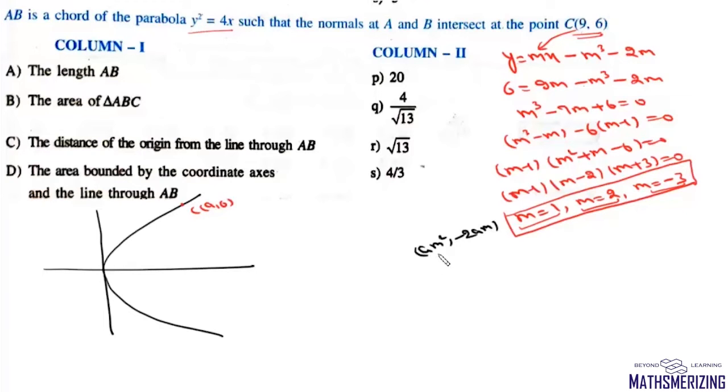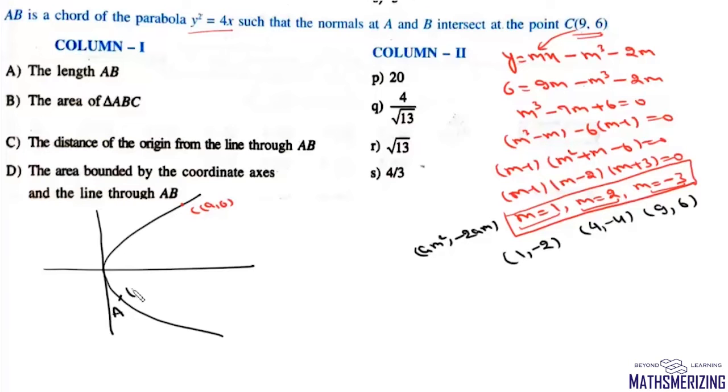Now here the value of a is 1. If m is 1, we get this point as (1, −2). If m is 2, we get this point as (4, −4). And if we take m as −3, then we get this point as (9, 6). So that means this point C is (9, 6), and then we have two points, one of which is (1, −2), and that's suppose A.